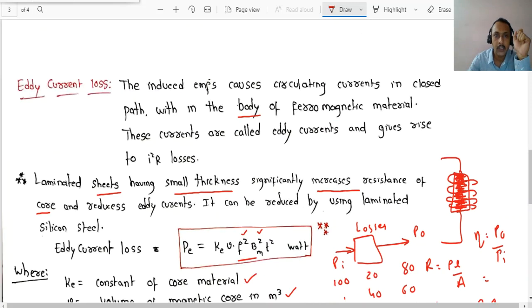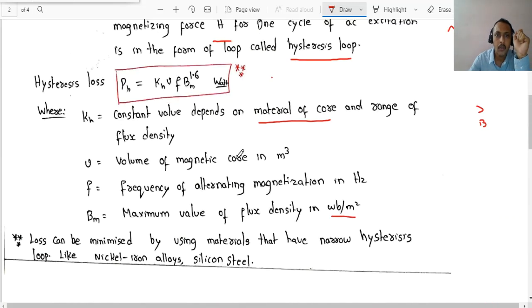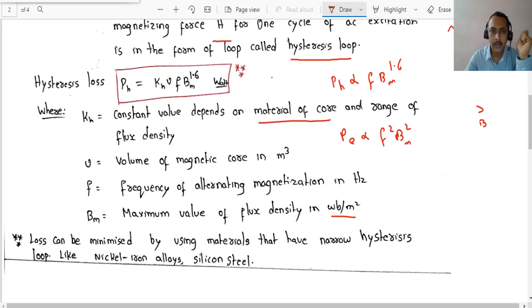If it is hysteresis loss, directly proportional to F Bm power 1.6. If it is eddy current loss, directly proportional to F square Bm square, square of the maximum flux density, right?